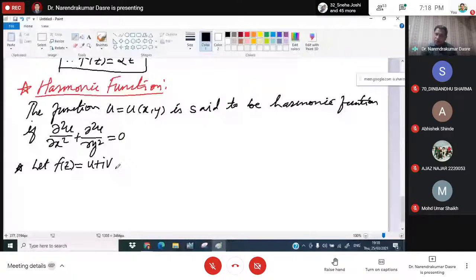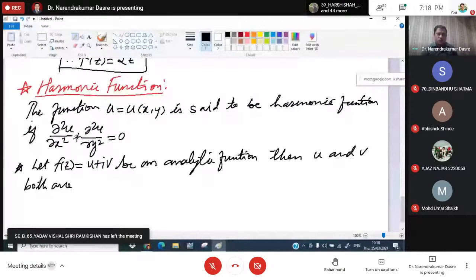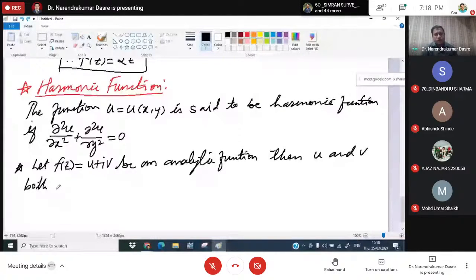Then u and v, both are harmonic functions. That means u also satisfies this equation and v also satisfies this equation.